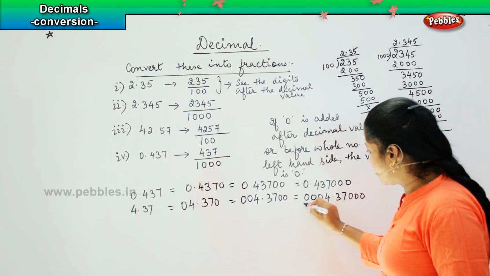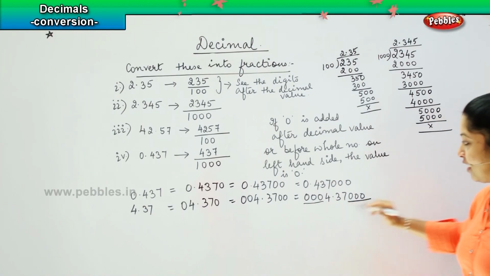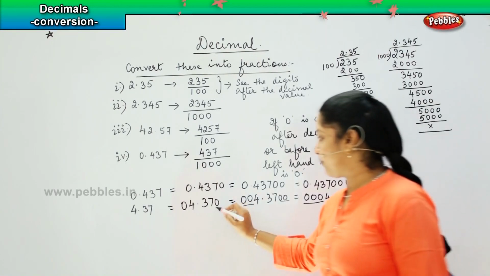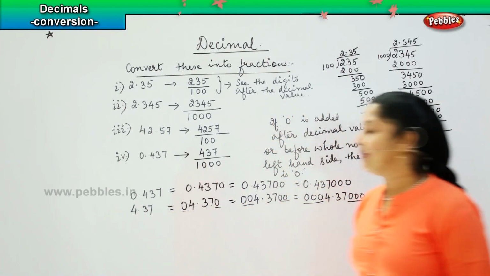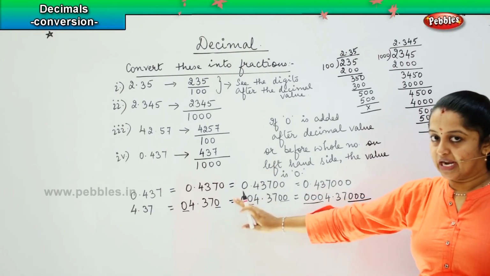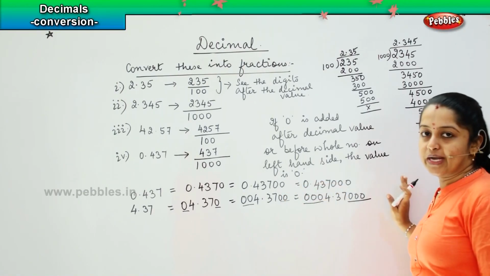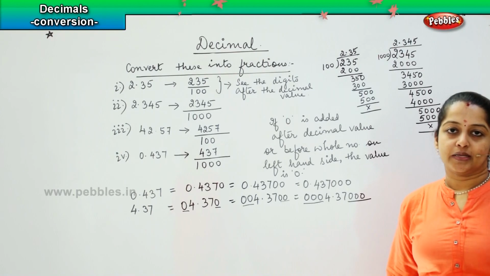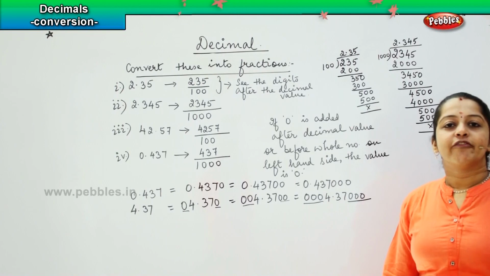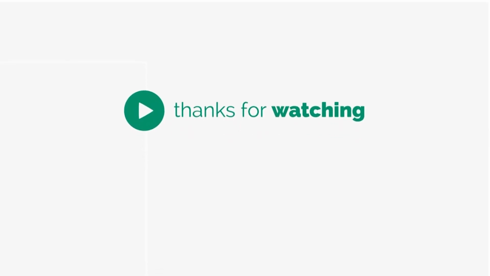However many zeros I add before the whole number and after the decimal value, it does not change the value. It remains the same. Okay. So keep in mind that whenever you are adding a 0 before the whole number towards your left hand side, or you are adding a 0 after the decimal value towards your right hand side, it has the same meaning. Okay. So is the concept clear, children? So based on this, we will be solving a few examples.